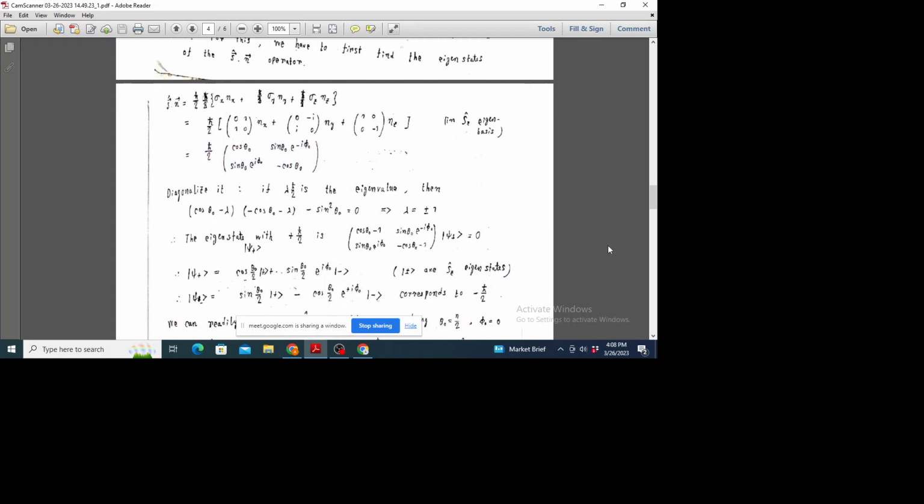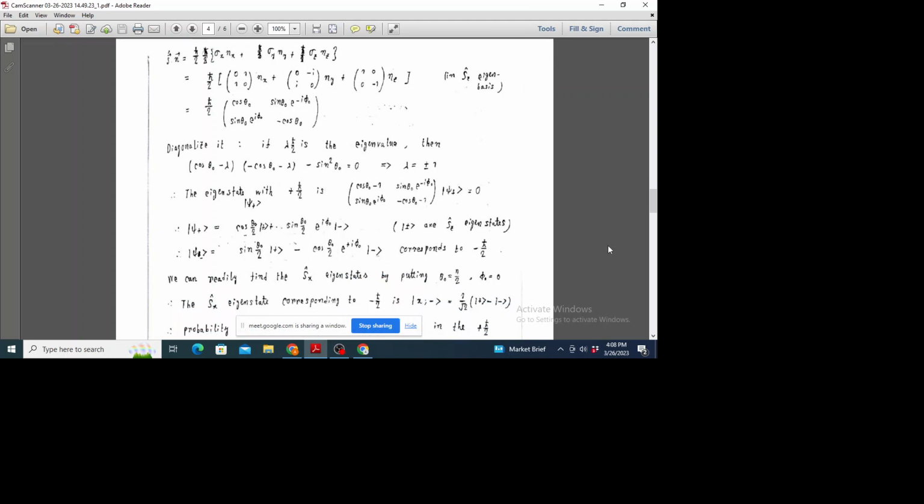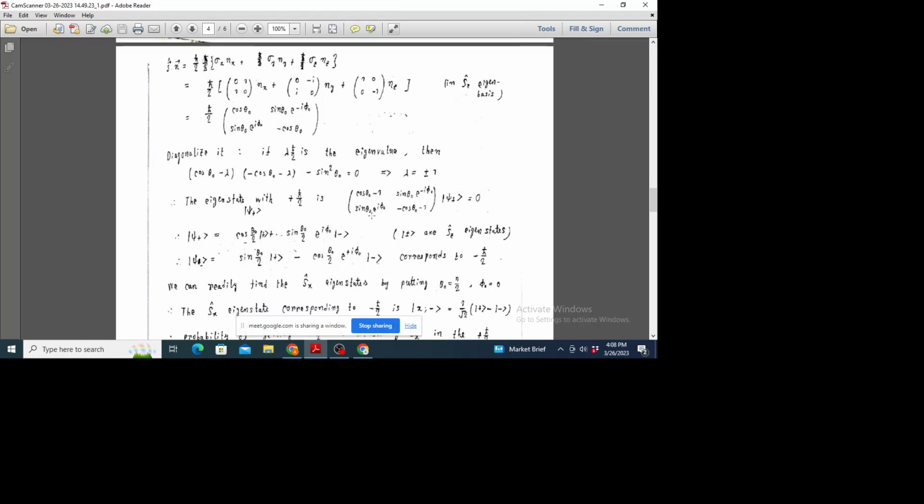So let us go through the whole procedure of diagonalizing a 2 cross 2 matrix. If lambda h cut by 2 is an eigenvalue, then this is the corresponding eigenvalue equation. This is straightforward, and the solution is lambda equal to plus minus 1.